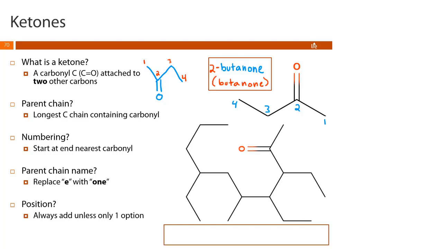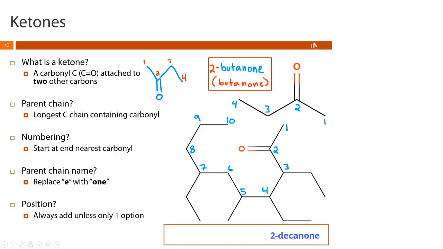Okay, so let's see what you came up with for this guy down here at the bottom. So we're going to start by numbering our parent chain, so the longest carbon chain containing the carbonyl. So our parent chain has 10 carbons, so a 10-carbon alkane would be decane. We're going to drop the E and replace it with one. But we still have to give the position for our carbonyl, and that's at position 2.